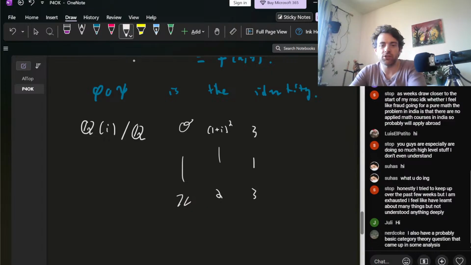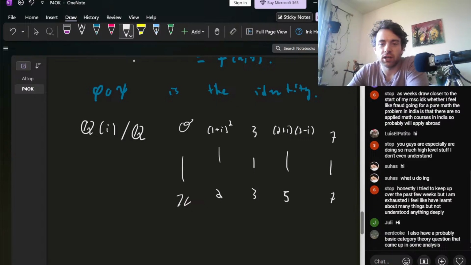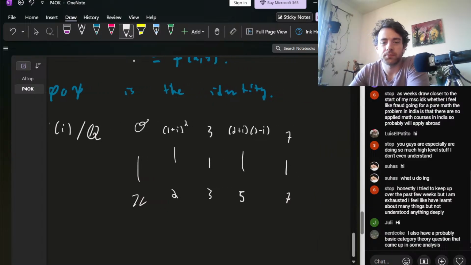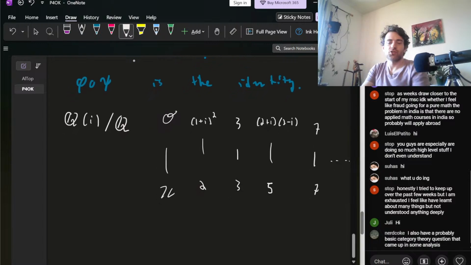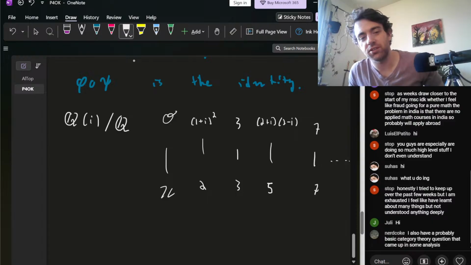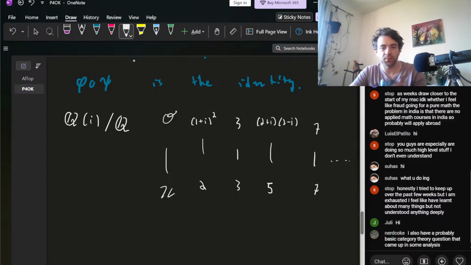So 3 is inert. 5 splits as a product of primes. 7 is inert. And so on and so forth. Yeah, very cool stuff. Something, Pythagorean triples, something.